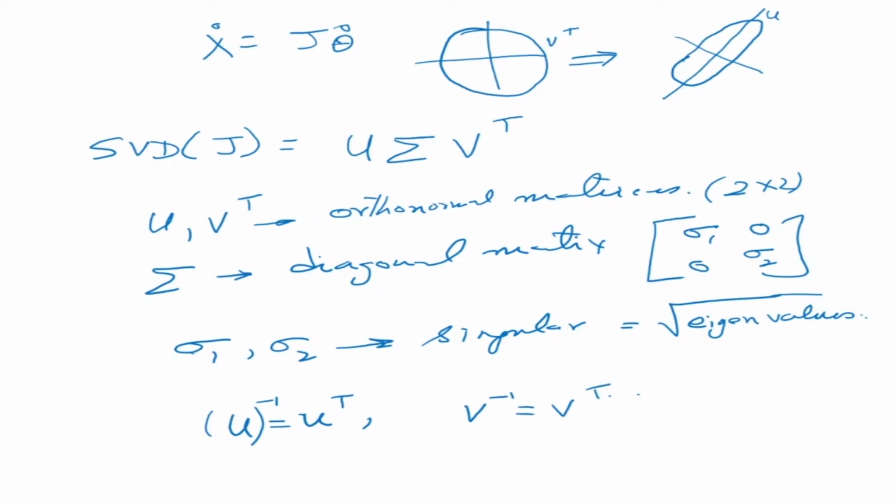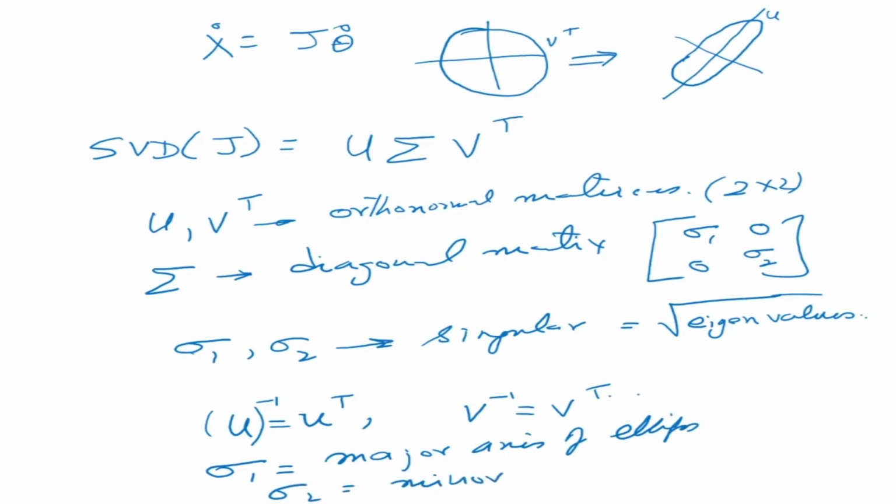Okay, and sigma 1 is the major axis of the ellipse, and sigma 2 is the minor axis of the ellipse. Okay, what is the major axis and minor axis? Let us look at this again.